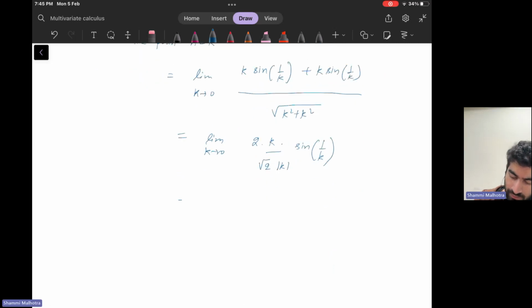And we can also take the specific path where k is positive, so that the square root is just k only.